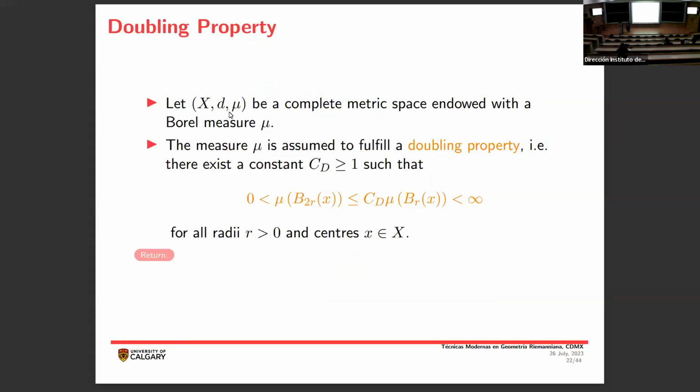That the measure of the ball is bounded by a constant times the measure of the half ball. And this should hold for any point, any radius. Now, assuming that the measure is doubling is somewhat standard in, for example, harmonic analysis, because it implies that the measure is finite dimensional.